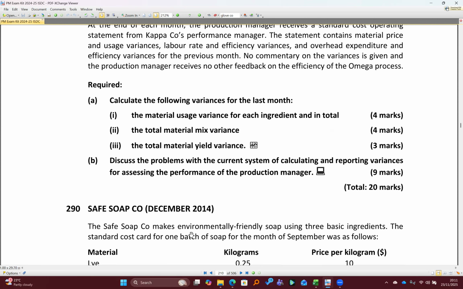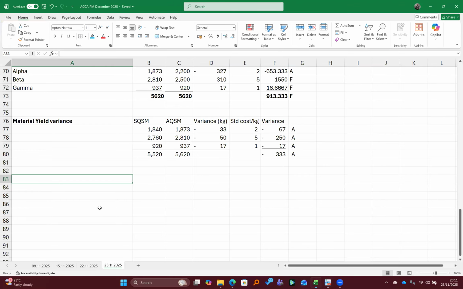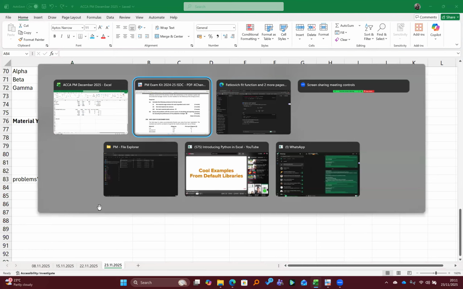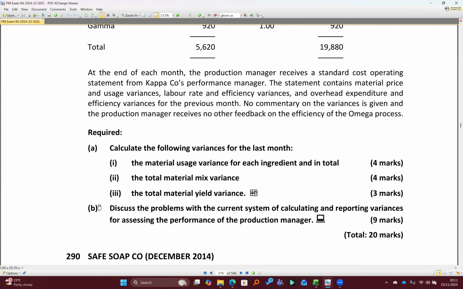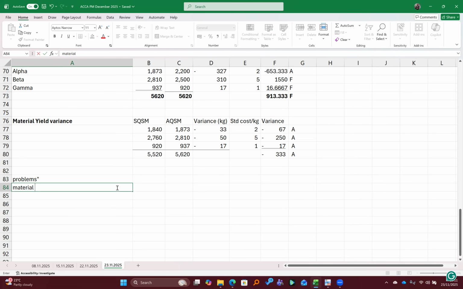So the second part here says discuss problems with the current system. So the problems, first of all, they are saying that the production manager receives the standard cost operating statement. It contains material price and usage variances. So the first problem is that material price is outside the control of the production manager.